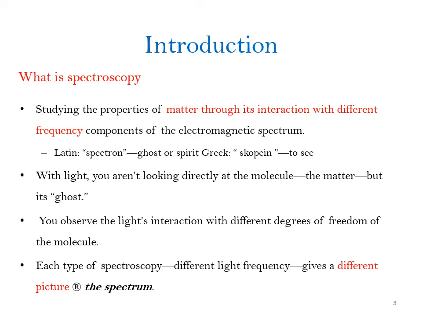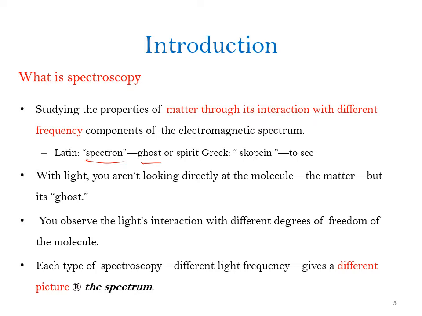It comes from two words, which are spectron and skopein, or scopy, which means to see, and spectron means a ghost. So with light, you are not looking directly at the object or the molecule or the matter, but you are looking at the ghost, because we perceive objects when light interacts with them, and we see only the reflected light.